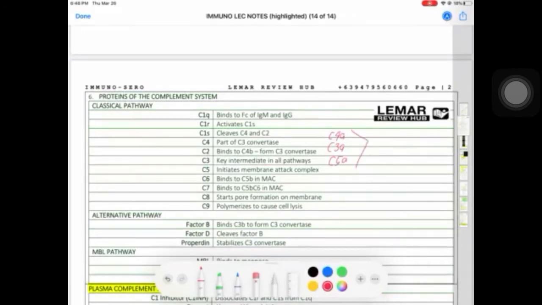Ano pong function nito? They function as an anaphylatoxin. Another, anong complement component that can act as an opsonin? C3b. So pag tinanong tayo, an activity associated with C3b, opsonization. What about in C5a?